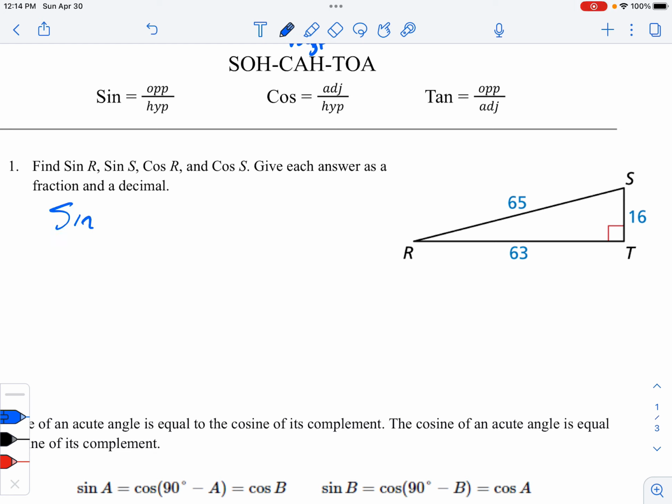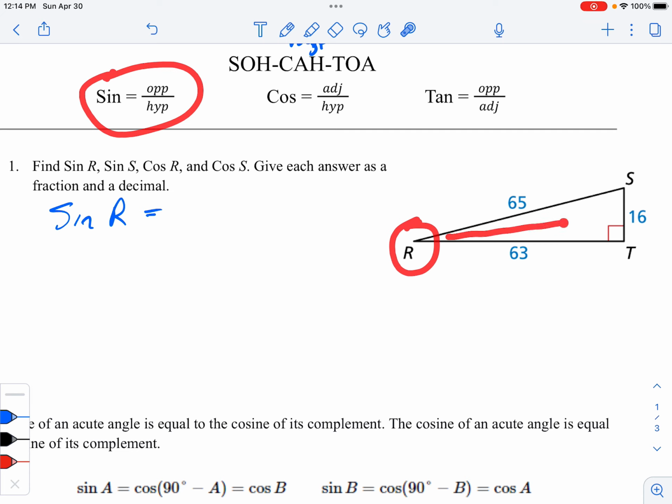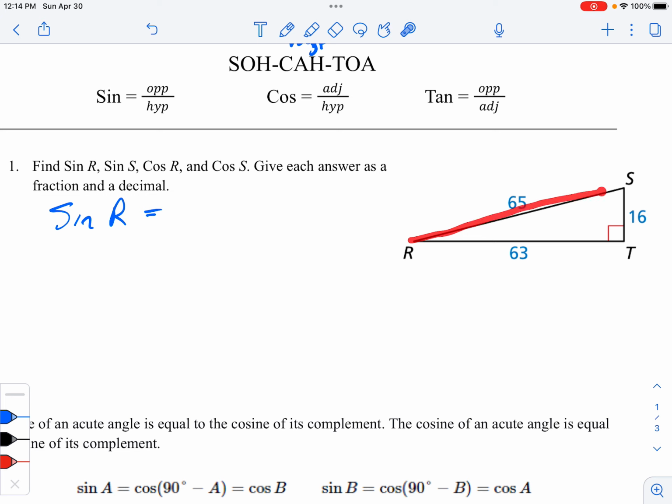If I want to know the ratio of sine for angle R, this is my angle R. Sine is the ratio of opposite over hypotenuse. For angle R, the opposite side is 16. The hypotenuse is this side here, the 65, because that's across from the 90. So the sine of R would be 16 over 65.